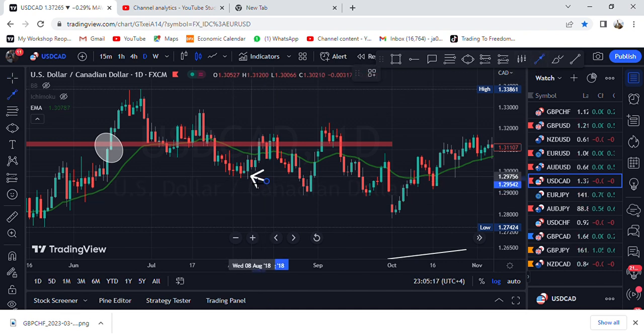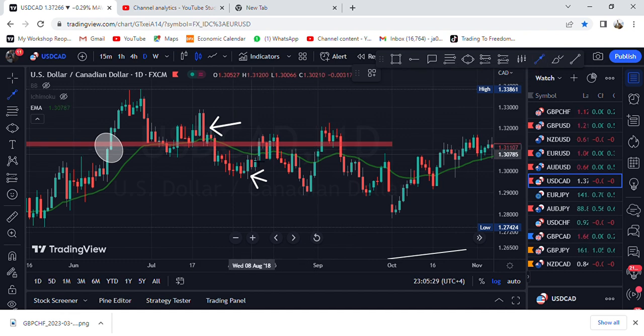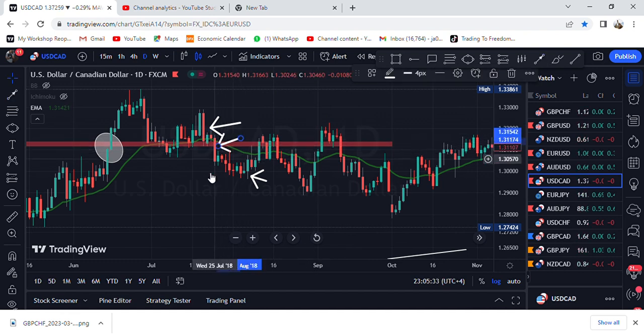A lot of people did buy here for sure. But when you are buying here, seeing this bearish momentum, and also how the market did break this one coming down, you should be very careful when you are buying.